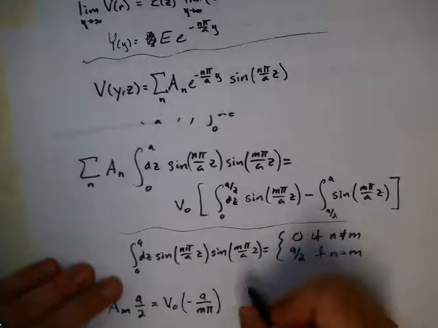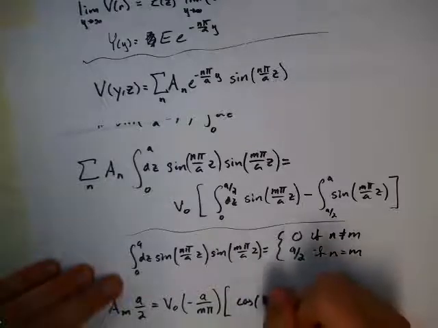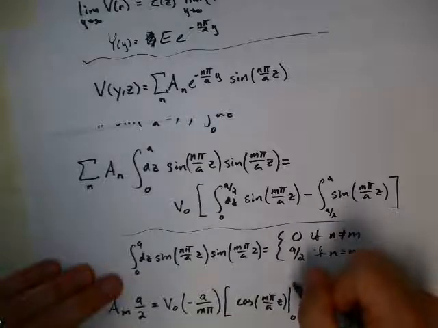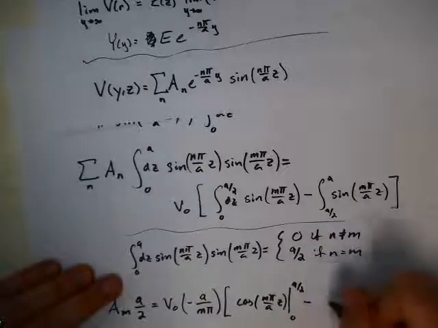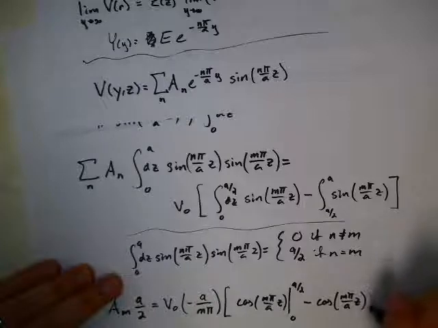And then we're going to get cosine of m pi over a z evaluated at 0 and a over 2, minus the cosine of m pi over a z evaluated at a over 2 and a.